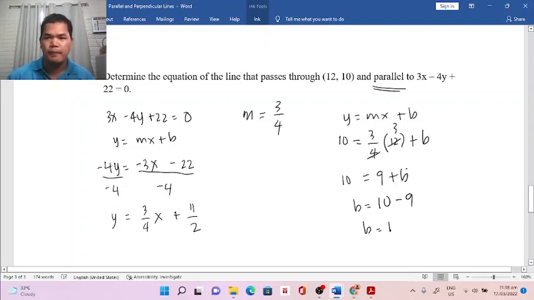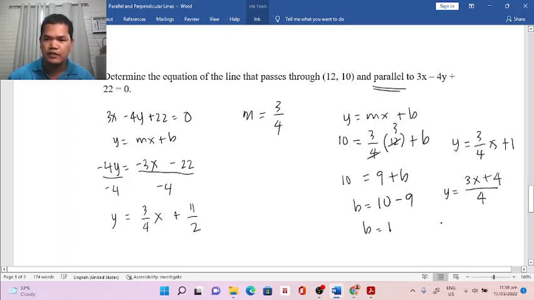Therefore, our equation now would be y = 3/4 x + 1, which is equal to, let us use the LCD, y = (3x + 4)/4.